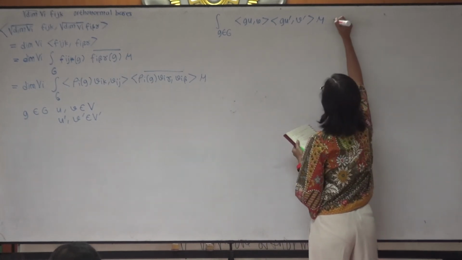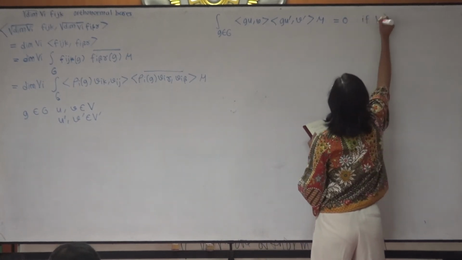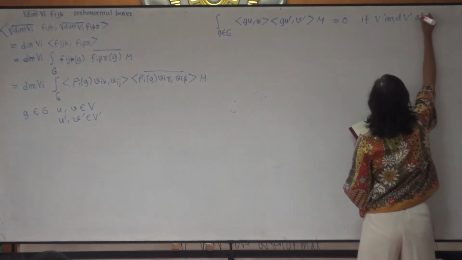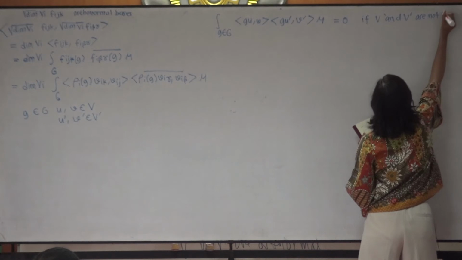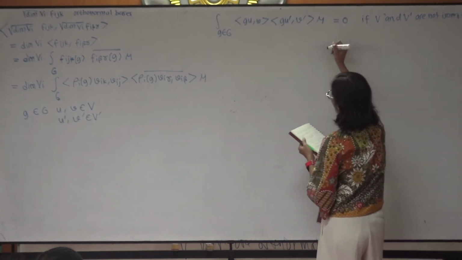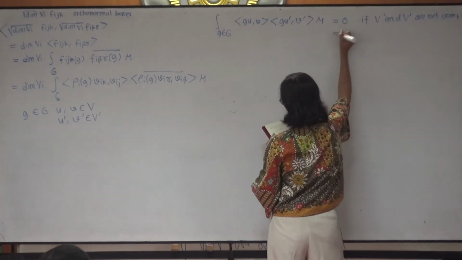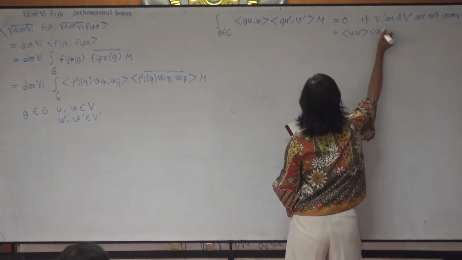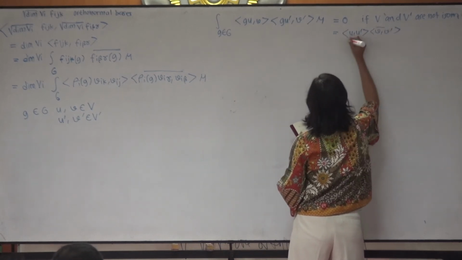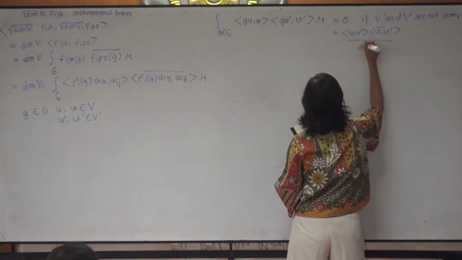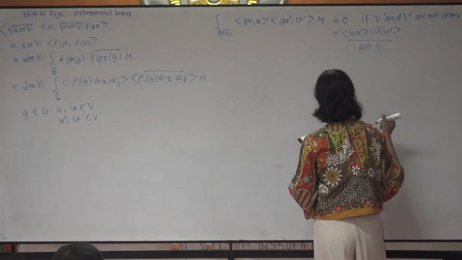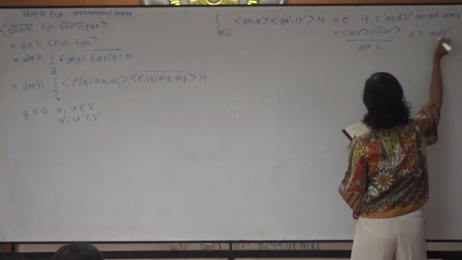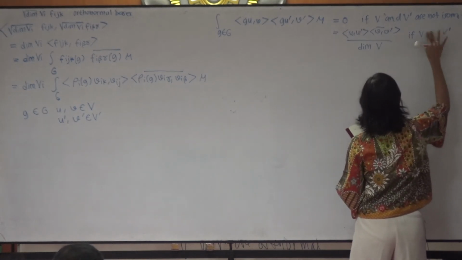We will show that this is 0 if V and V prime are not isomorphic, and this is equal to u u prime v v prime bar over dimension V if V equals V prime.